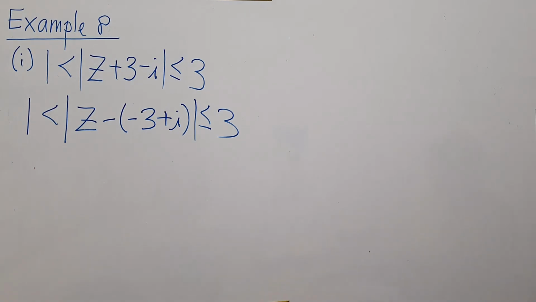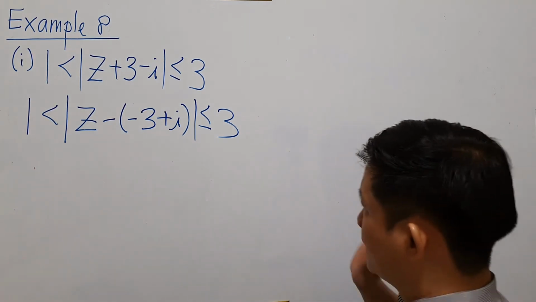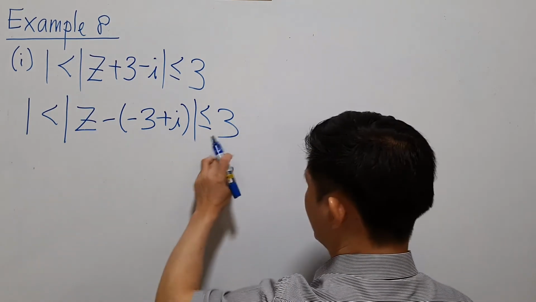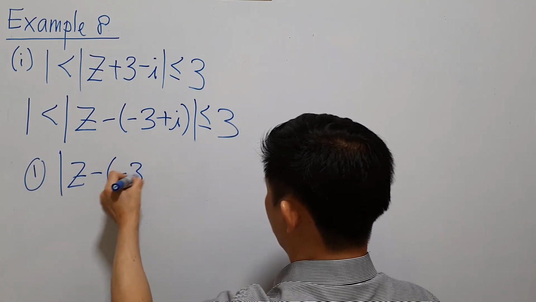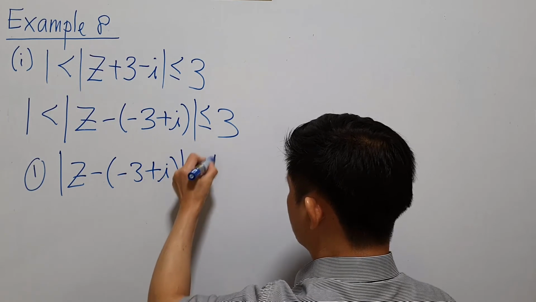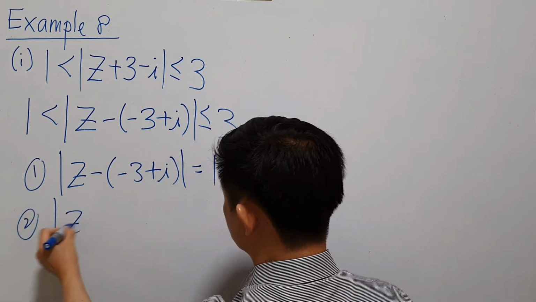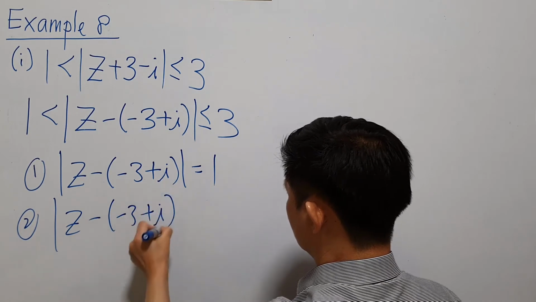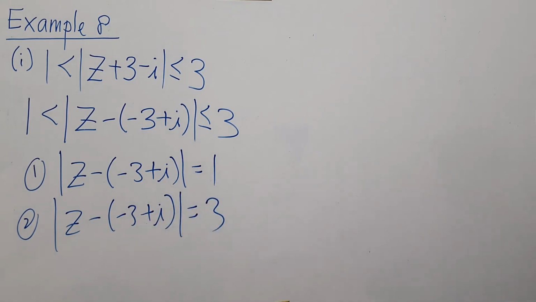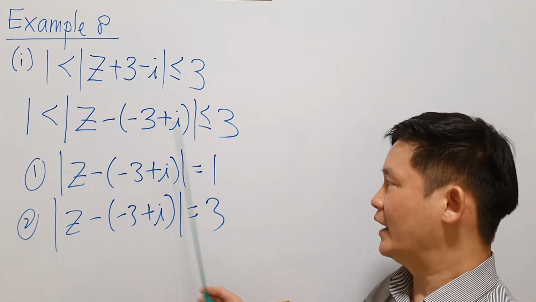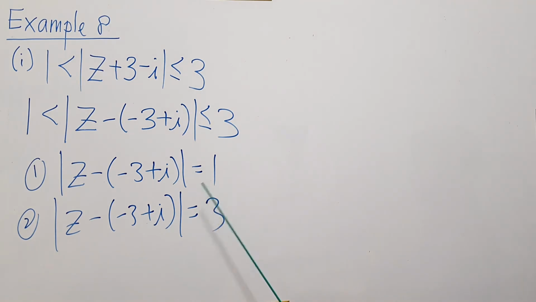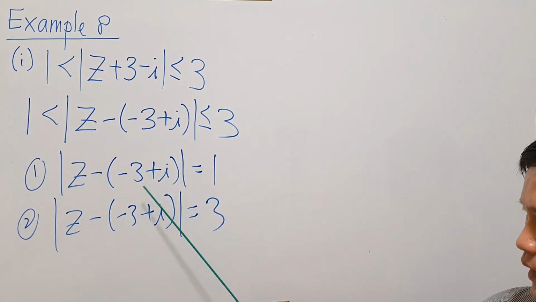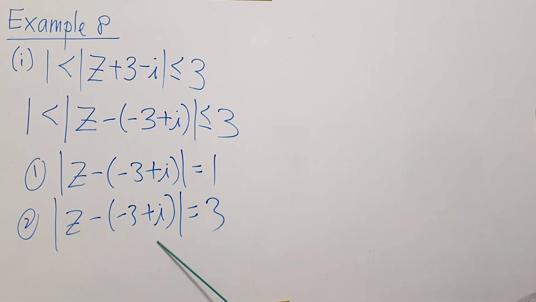Now, if I just see this whole thing as 2 equations, if I disregard the inequality for a moment, the first equation you will recognize quickly is a circle with center this point, and the radius is 1. The other represents a circle with center this, and the radius is 3.